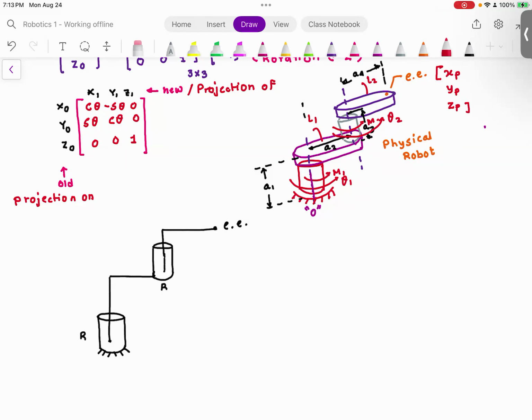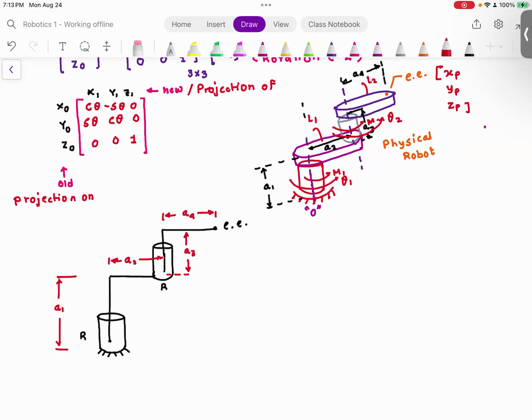Let's identify the dimensions. This dimension is A1. This dimension is A2. This dimension is A3. This dimension is A4. You agree with me?